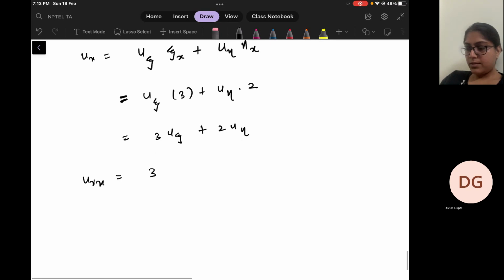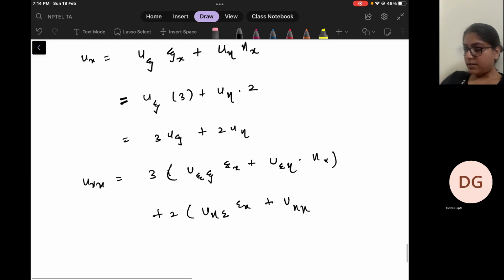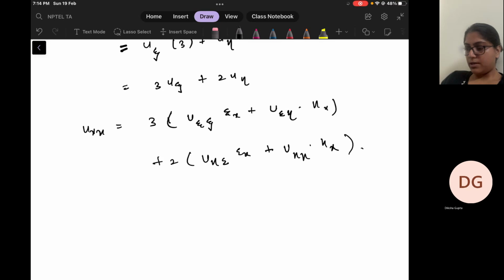Uxx will be 3, this common I can take, u epsilon epsilon into epsilon x plus u epsilon eta into eta x, plus 2 times u eta epsilon into epsilon x plus u eta eta into eta x, right? So we can easily put the values, and some terms will vanish. This will not, because it's not eta xx. So if we put the values, we get 9 u epsilon epsilon plus 12 u epsilon eta plus 4 u eta eta.